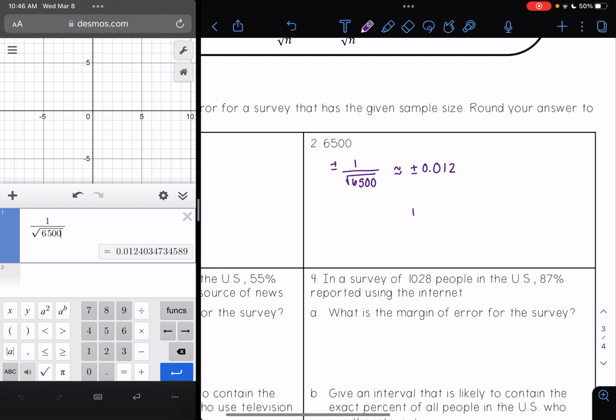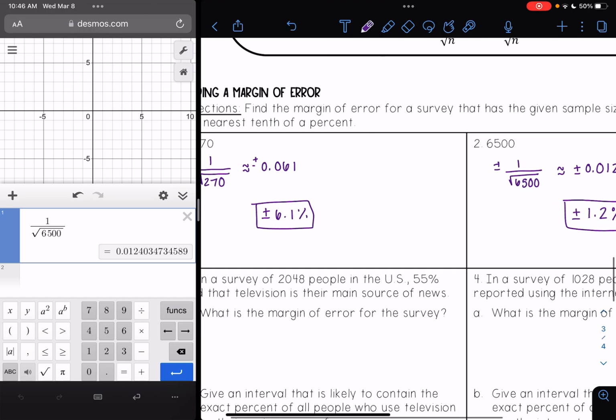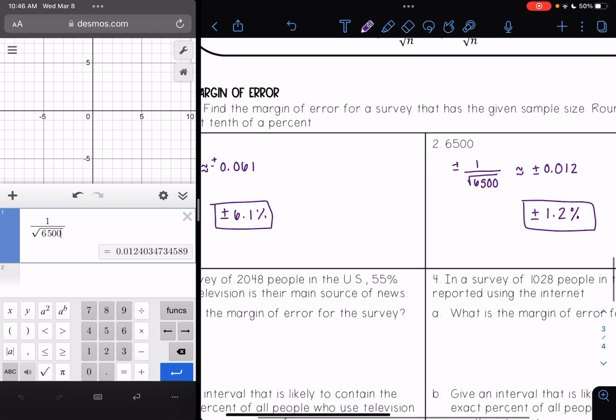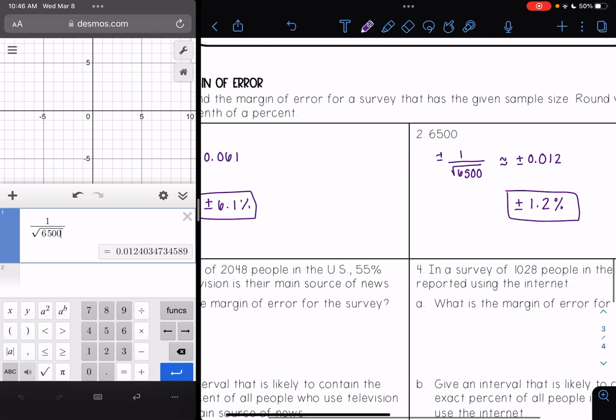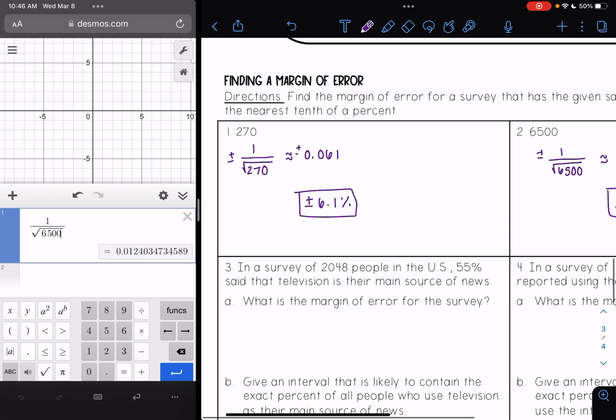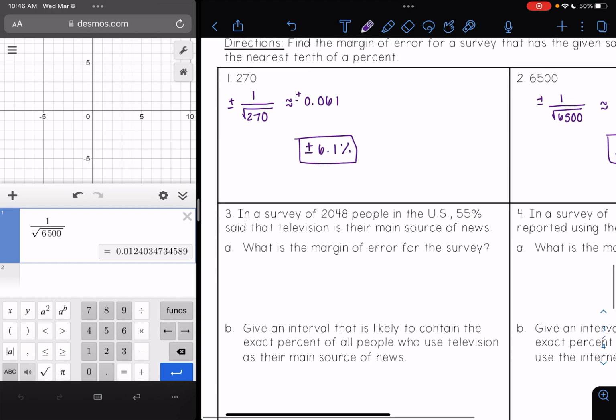That means my margin of error is plus or minus 1.2%. You'll notice that as my sample size increased, 6,500 is much bigger than 270, my margin of error decreased. This 1.2% is much smaller than the 6.1%.